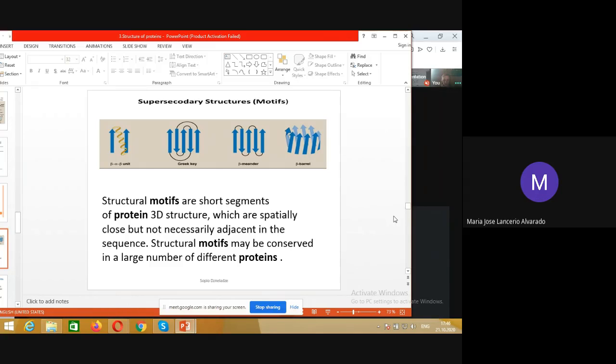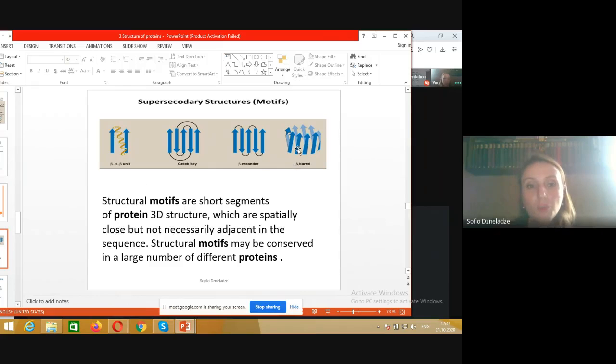Structural motifs may be conserved in a large number of different proteins. Yes, a motif is a part of the protein which has different shapes. They can be parallel, anti-parallel. This one is a beta parallel. These are anti-parallel. This is a parallel one which consists of alpha, beta, and alpha subunits, etc.